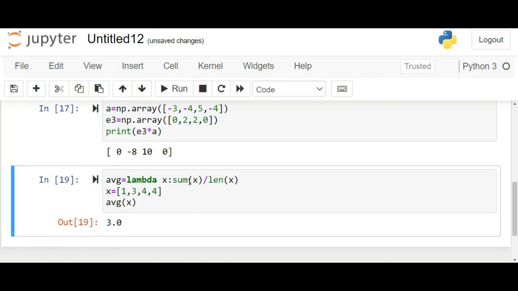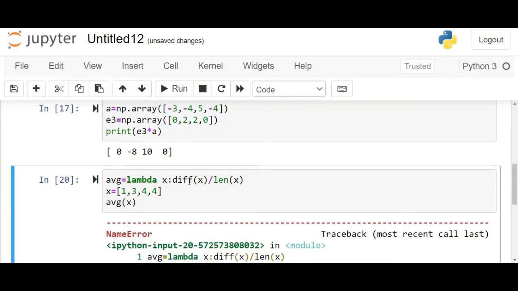And sum of x. If I write diff of x, then it will give an error. Or if I write subtract, of course this will not work.